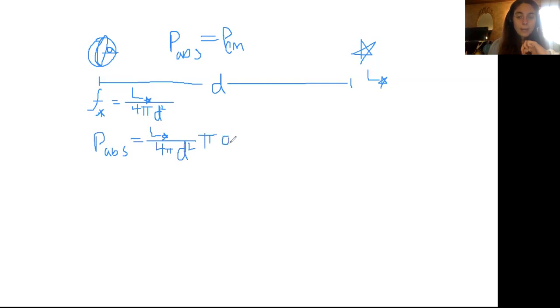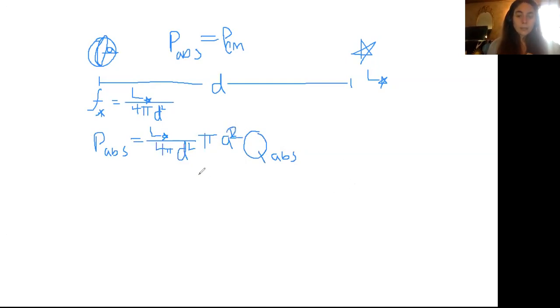So that's pi a squared. And there's one last thing. We're going to multiply this also by Q absorbed. This is the efficiency of the dust at absorbing light. So it's going to be some value between 0 and 1. It's just how good it is at absorbing starlight. So that's our P absorbed.